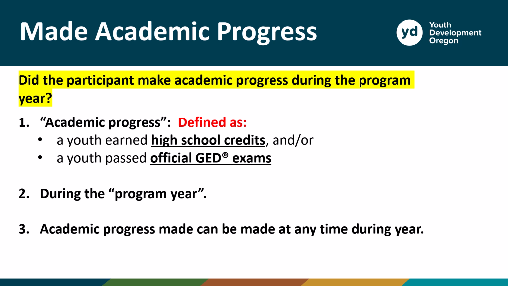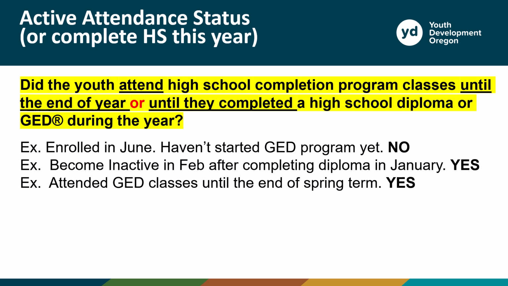And please note that the youth can make those transcripted high school credits or pass that official GED exam at any point during the year for a yes on this data element. Next, we have active attendance status.